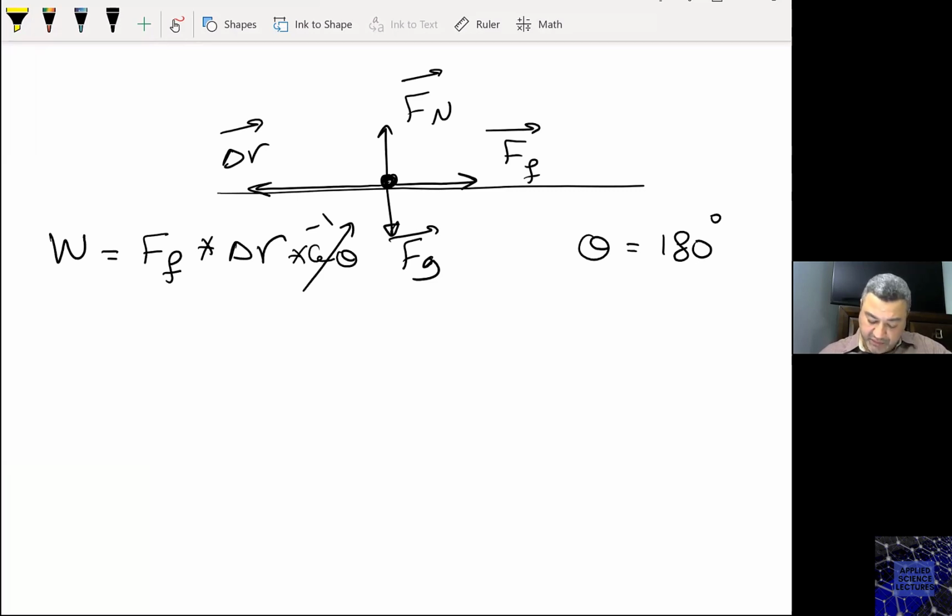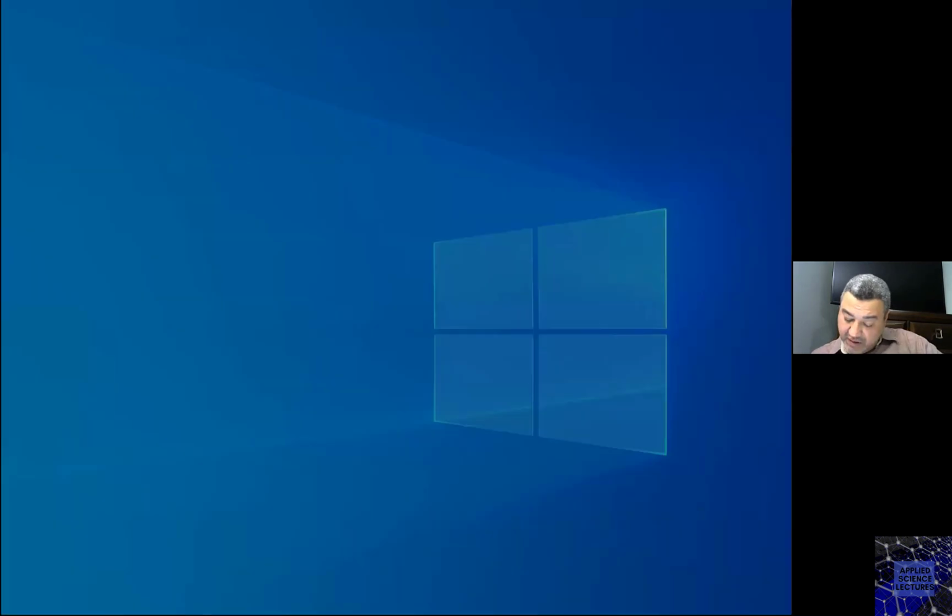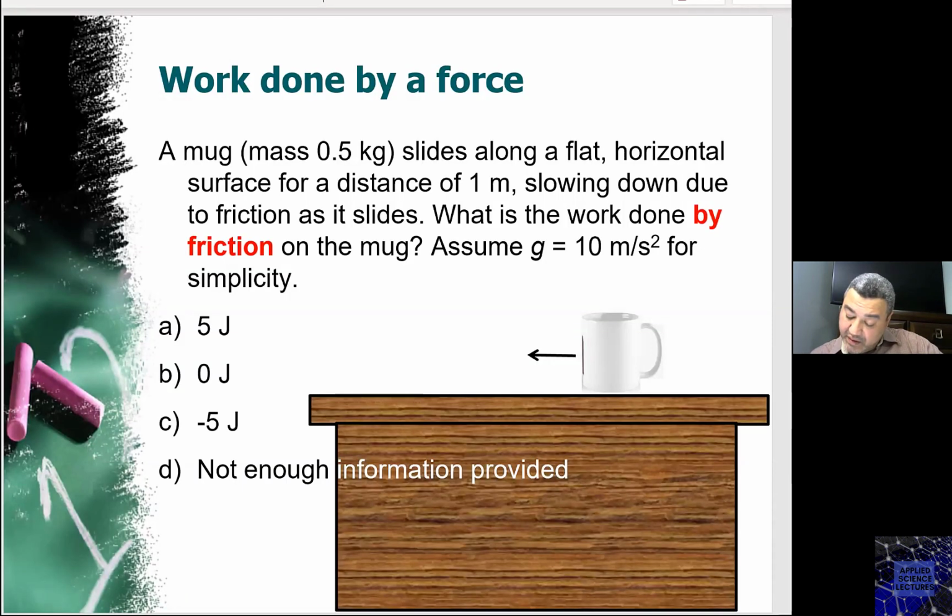Now, if we go back to see the work done by the friction on the mug, the friction coefficient, the static friction coefficient, is not given to me.